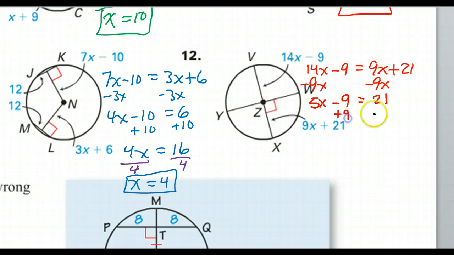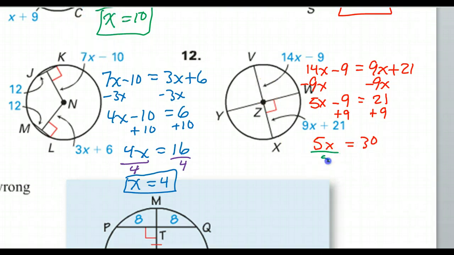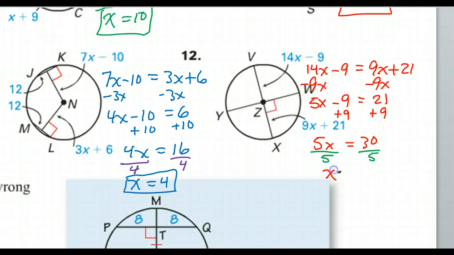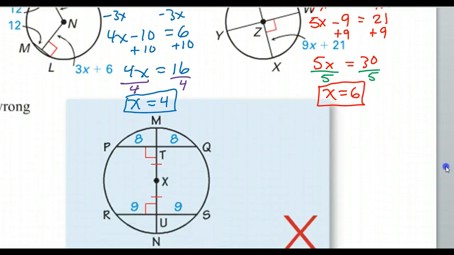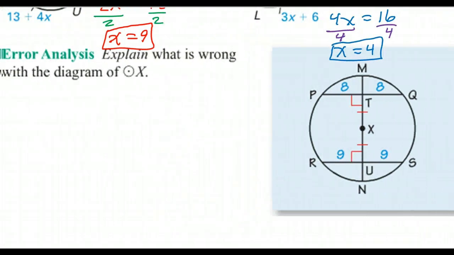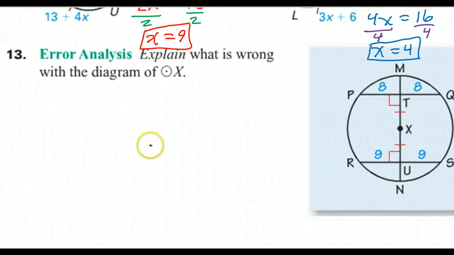It's time to add 9 to both sides. That gives me 5x equals 30. Dividing by 5 on both sides, x equals 6. So this lesson has not been particularly tough, but it's good to lay the foundation.